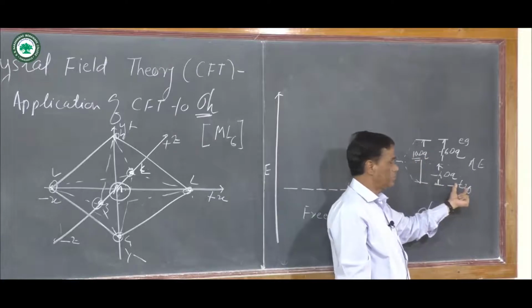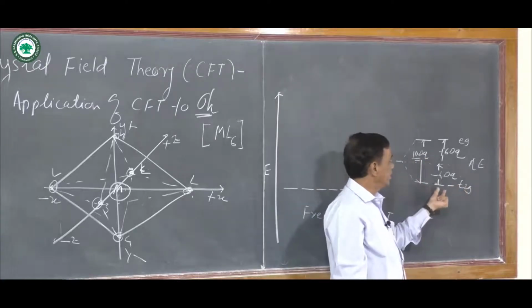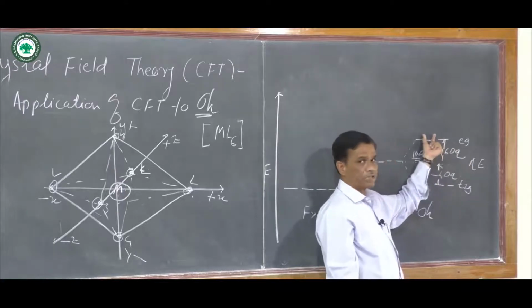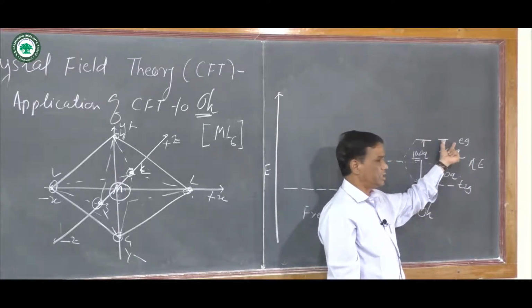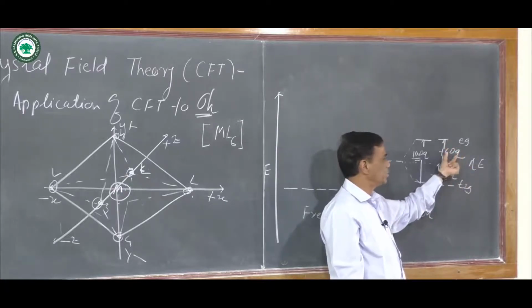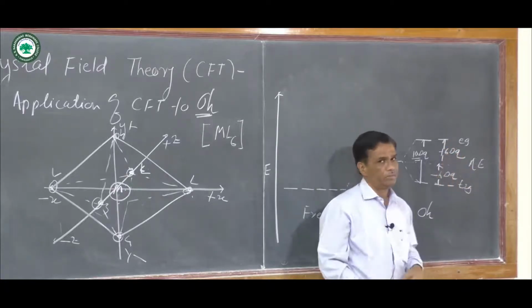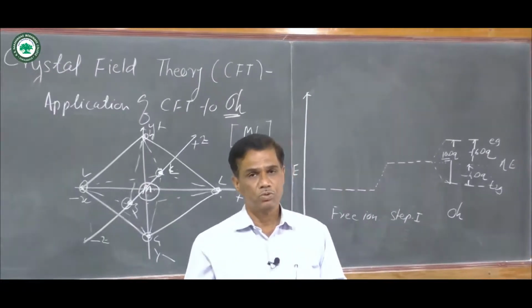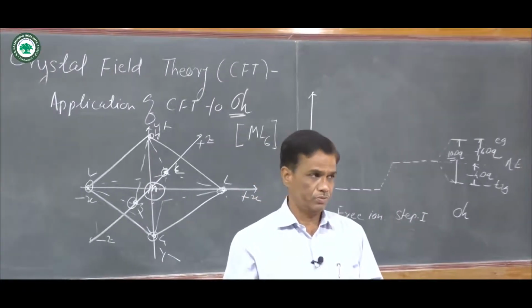You know that T2g orbitals are dxy, dxz, dyz. Eg orbitals are dx square minus y square and dz square. Then distance between average energy and Eg is plus 6 Dq, and from T2g to average energy is minus 4 Dq.